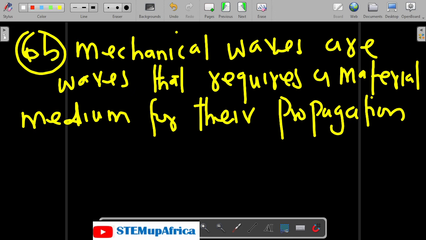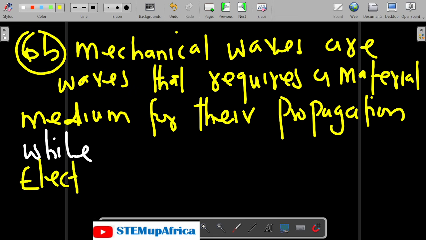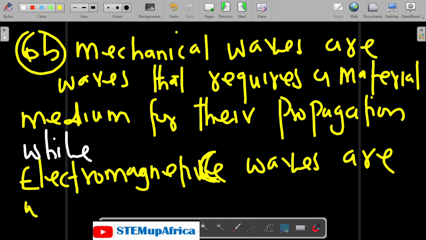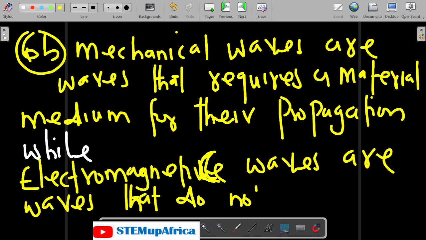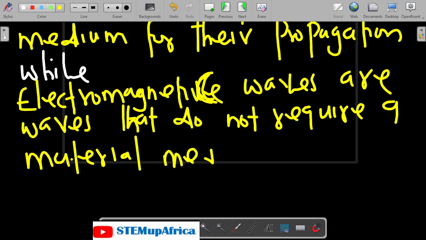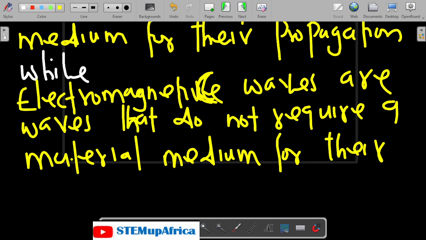While electromagnetic waves are waves that do not require a material medium for their propagation.